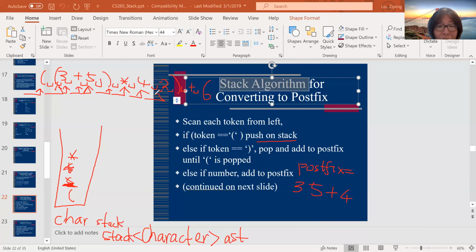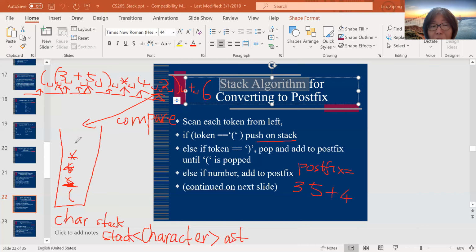And the next one you see is an operator. If it is an operator, you need to compare it with the top of the stack. This time the top of the stack is not a left parenthesis, it's an operator.